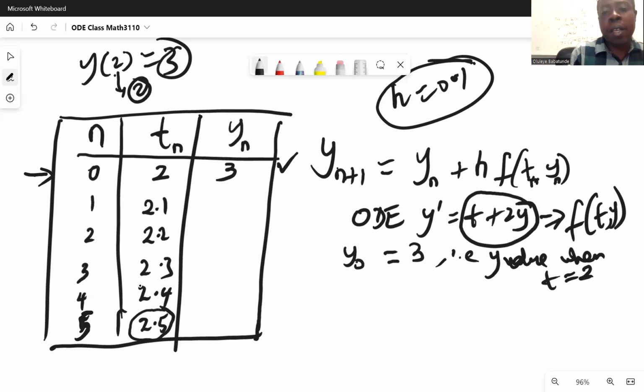Now we can calculate our y1. y1 equals y naught, the previous one, plus the value of h, 0.1, times the function of t and y.